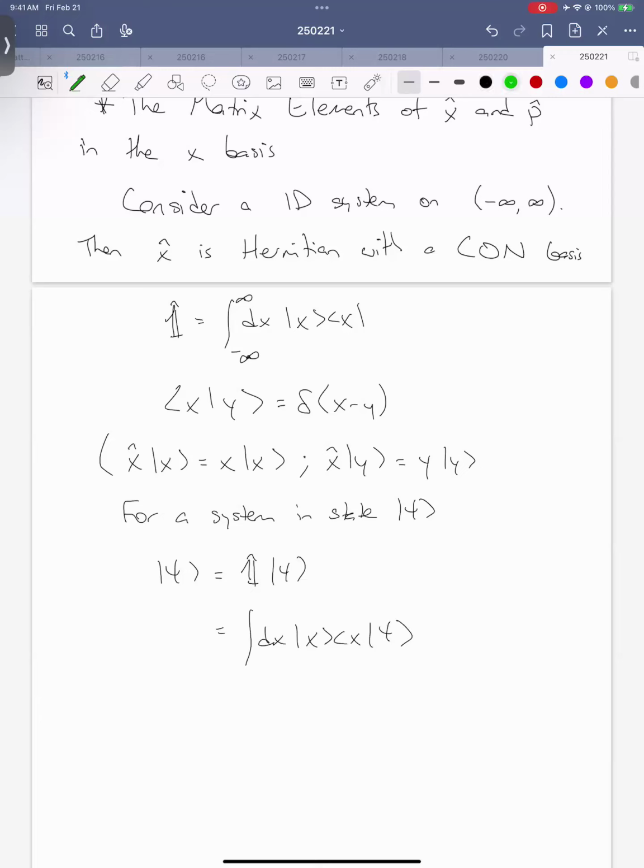And we see this object often enough, this inner product of the X eigenket with state psi, that we call this psi of X. This is now a concrete function, a C number function. We call it the wave function. It's simply the state, the abstract vector state, in a particular basis, the X basis.